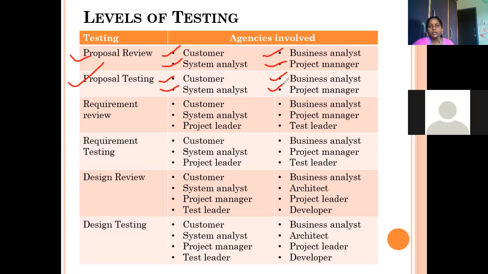What did you do in the review? In the review, you are just going through each and every step, checking whether all the points we have written in the review document are correct or not. In case of testing, you will be checking each and every word, each and every sentence written in your proposal, to see whether it is properly understood by the agencies, like the project manager and system analyst involved.